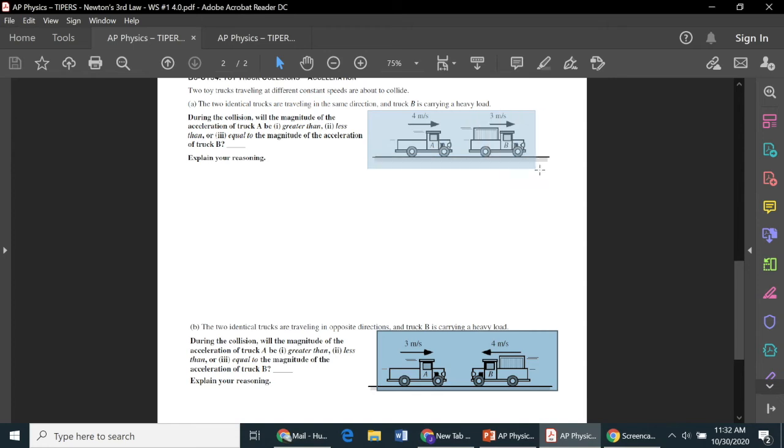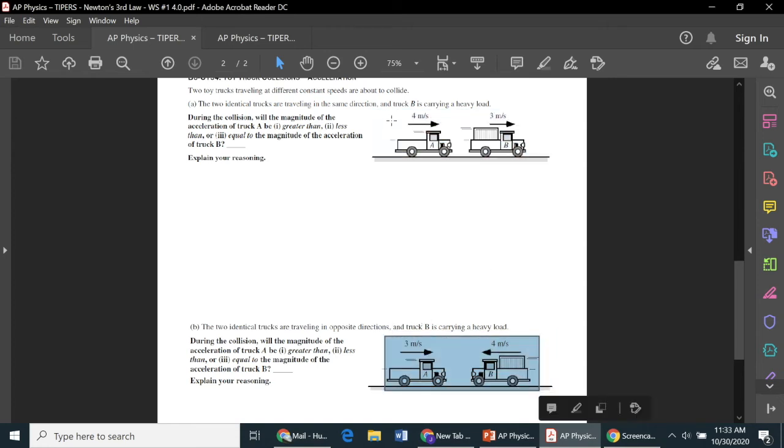But between the two situations, the fact that this object is only going 1 meter per second faster than object B means that they're only going to bump slightly. It's going to be like a gentle tap. But the fact that these objects are going head on now, and instead of having their relative velocity here just be 1, the fact that the relative velocity is 7 means that these objects are going to exert quite large forces on each other.